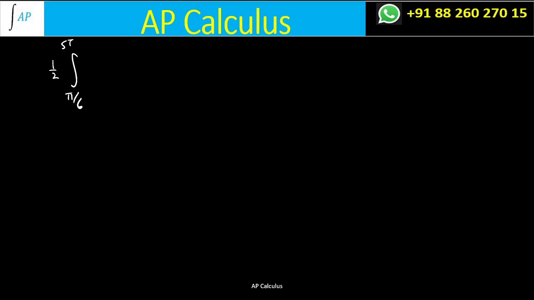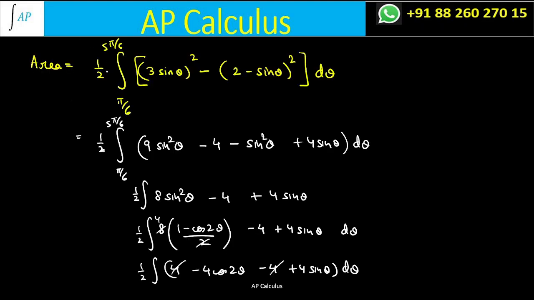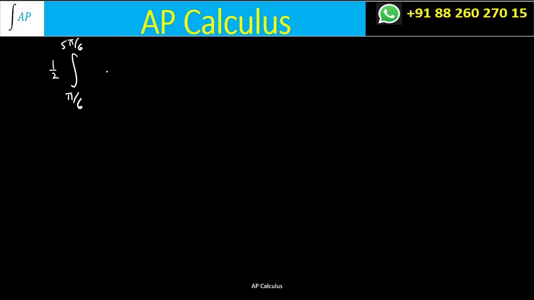Pi by 6 to 5 pi by 6. 4 sin theta minus 4 cosine 2 theta. Now we can integrate this. The integration of this will be minus 4 cosine theta.